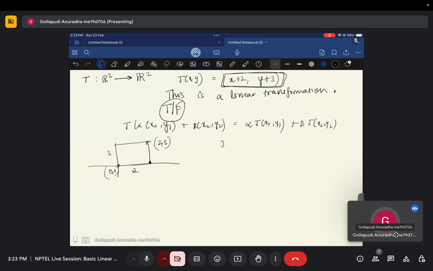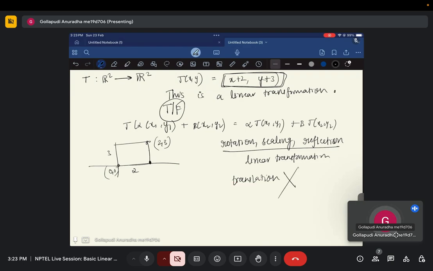We have rotation, scaling, and reflection, all those things are linear transformations. But translation is not a linear transformation. Origin is not fixed, and even if you check this property, it's not going to be satisfied.